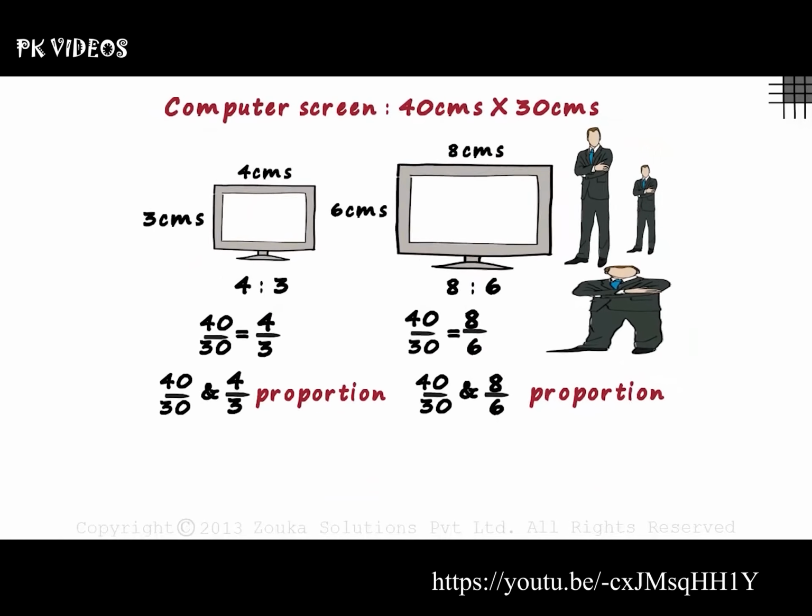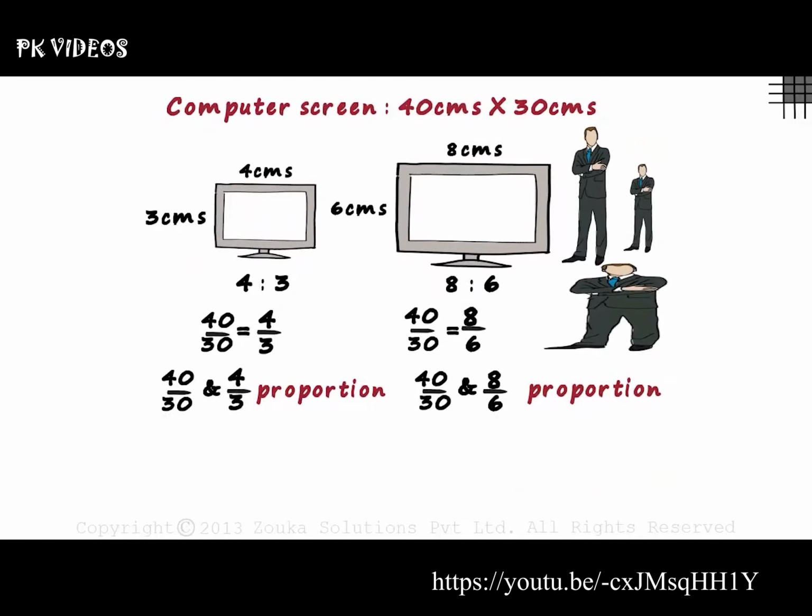There's a special way to write it. We write it as 4:3 :: 8:6. 4:3 simply is the ratio 4 by 3 and 8:6 is the ratio 8 by 6. And these two colons in between are used to denote equal ratios.